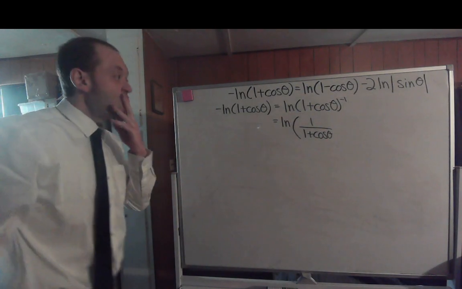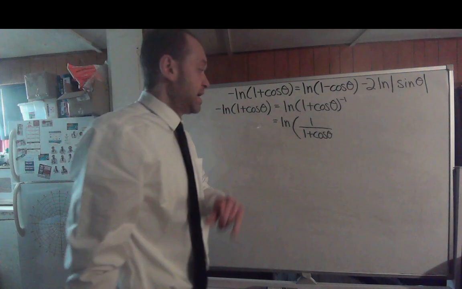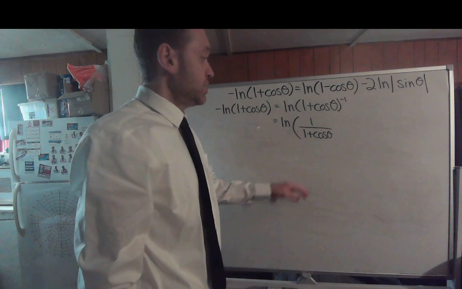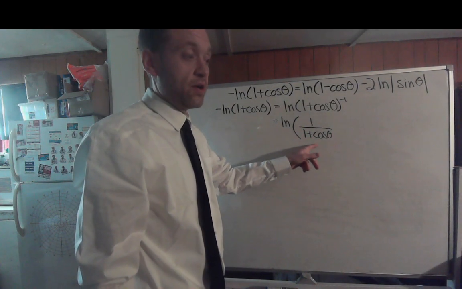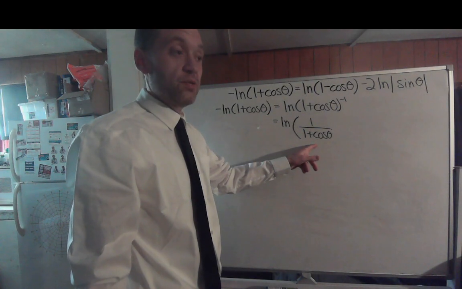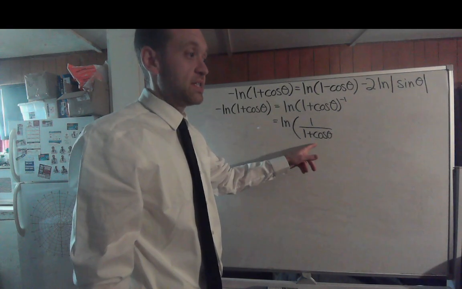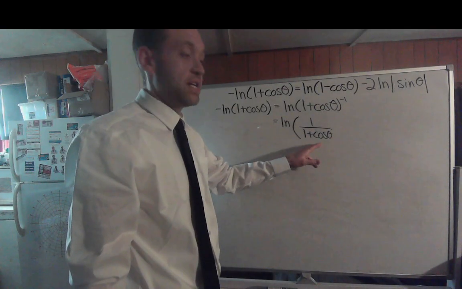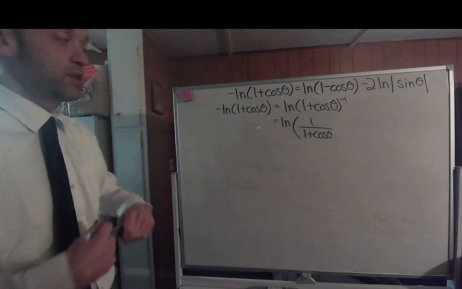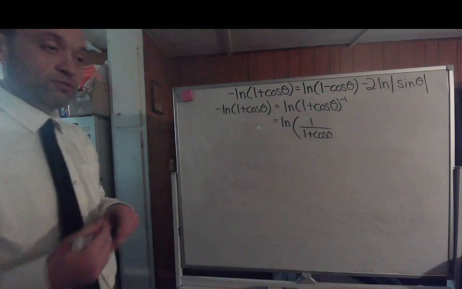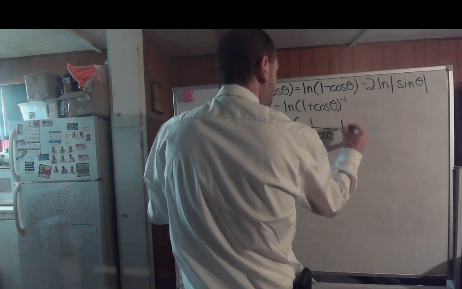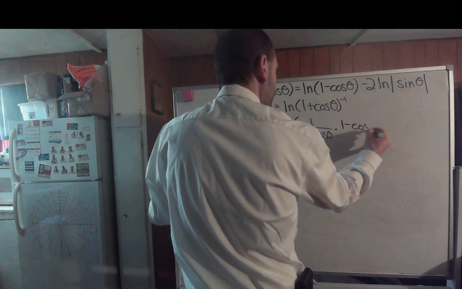Okay, so what you have now is a sum of a trig expression in the denominator. Well, what do we want to do with that? We want to rationalize it because we don't want to leave our denominator with a sum of a trig expression. So to rationalize, you multiply the numerator and denominator by the conjugate, which would be 1 minus the cosine of theta.